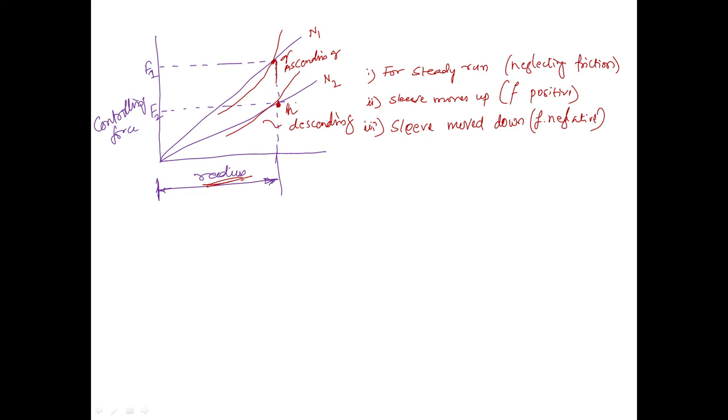Even though the sleeve changes its position, the radius does not change, for speeds between n1 and n2. In this case the governor is insensitive.